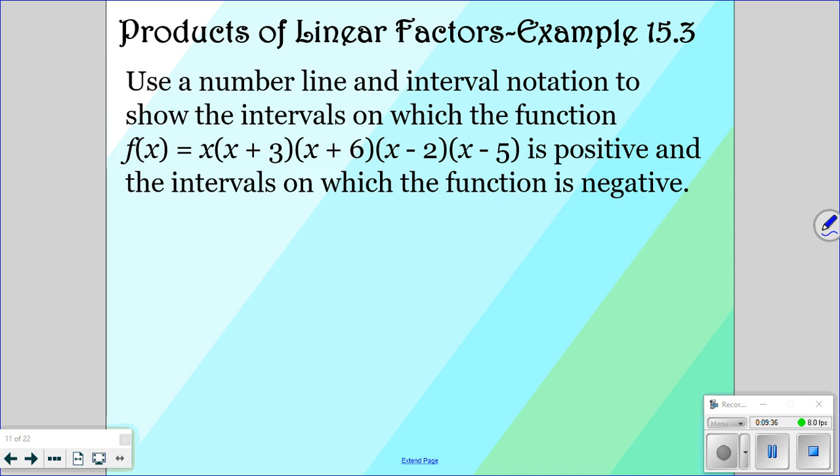Now looking at products of linear factors. So we're going to use a number line and interval notation to show where this function is positive and where this function is negative. So what you want to do is graph a number line like this.